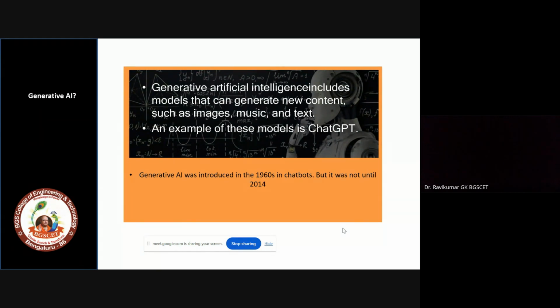Generative AI is a subset of artificial intelligence capable of generating text and images, as I discussed. It involves a lot of improvements in transformers based on neural networks, and particularly large language models, enabled the AI boom. Earlier, it was not there till 2014.